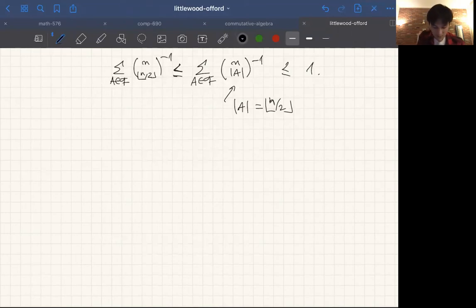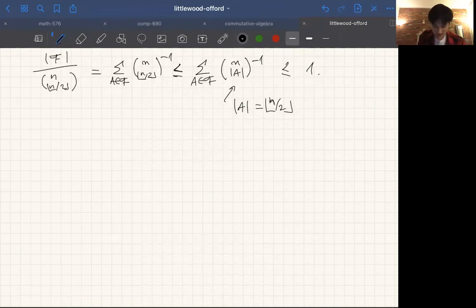But now we're summing over all A, and we have the same thing each time, so we don't actually need the sum anymore. It's the same as the size of F times one over n choose n over 2.